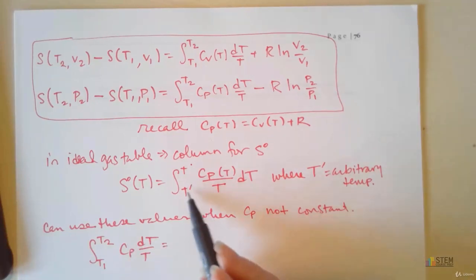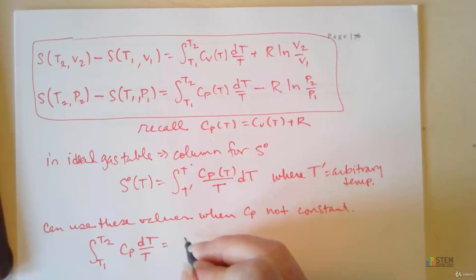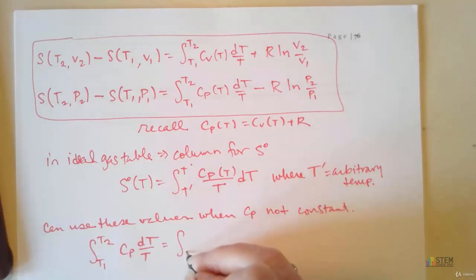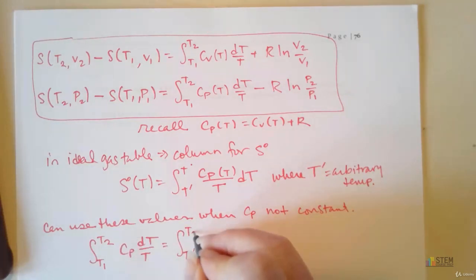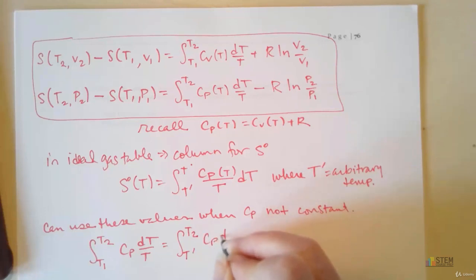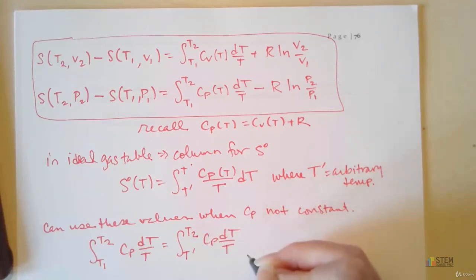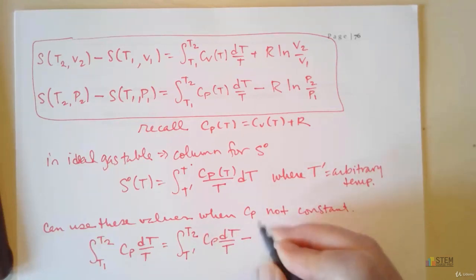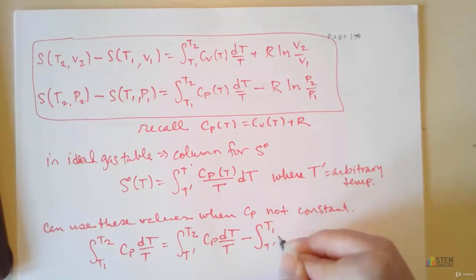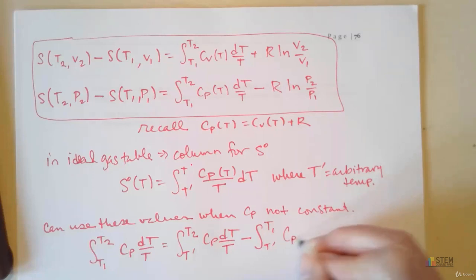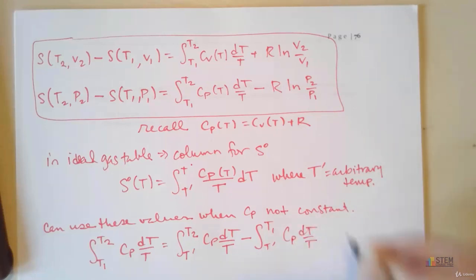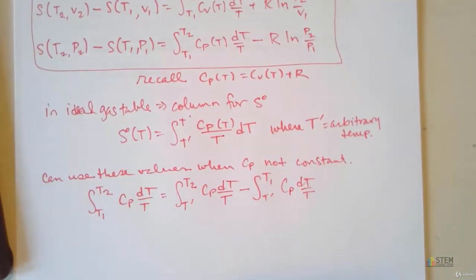Now, with this T prime, what we can do is we can say that this equals the integral from T prime to T2 of Cp times dT over T minus the integral from T prime to T1 of Cp times dT over T. All right, so these two statements are equivalent.